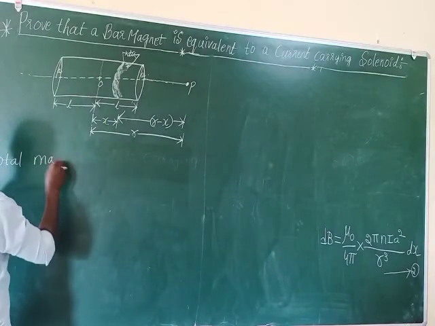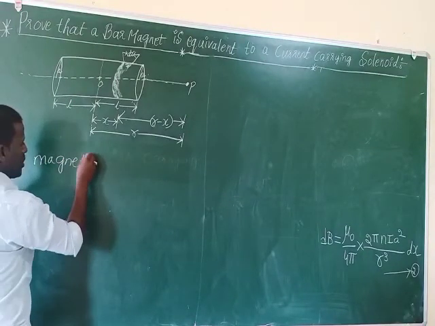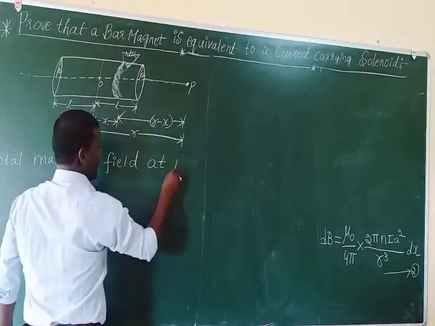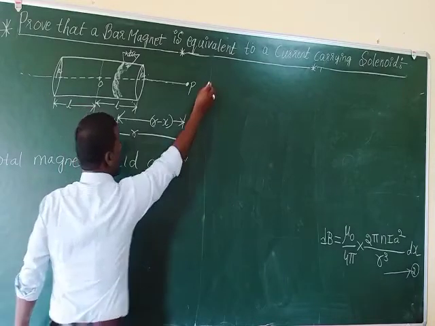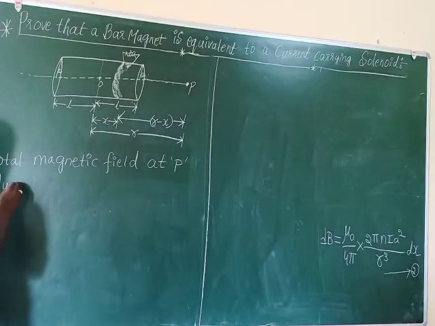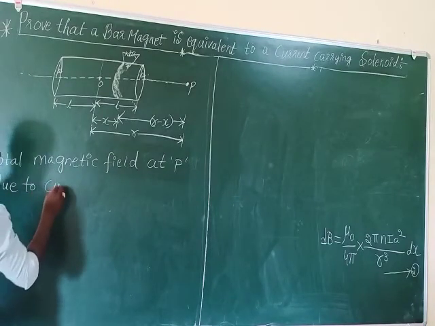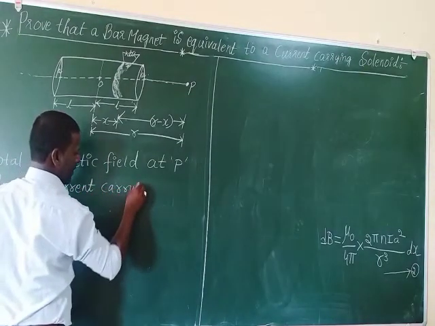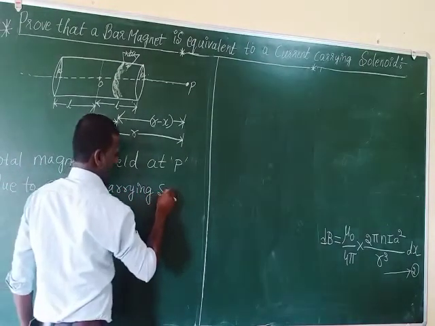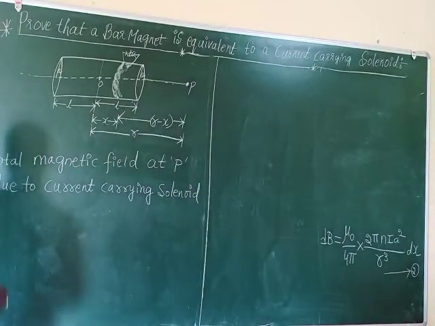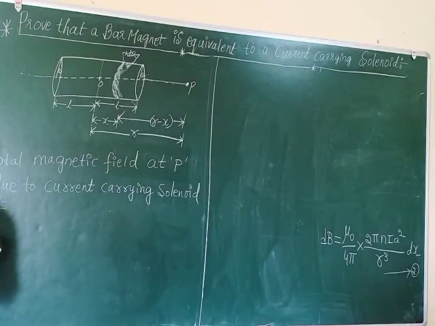Total magnetic field at P due to the current carrying solenoid is the integration of dB.